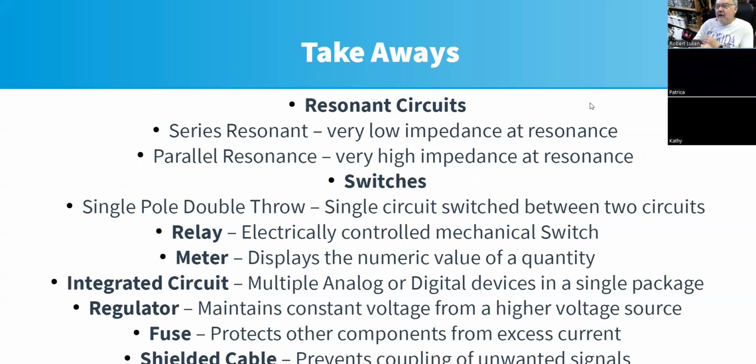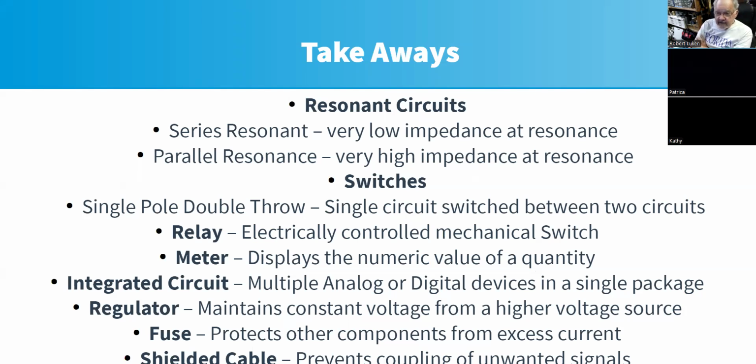Okay, so we also talked about resonant circuits. Essentially, two types: a series circuit or a parallel circuit. If it's series, it means there's an inductor and a capacitor connected in series, and it will have a very low impedance at resonance.